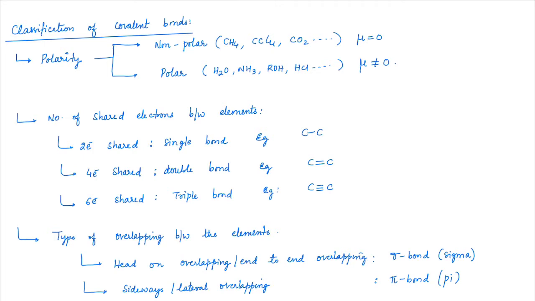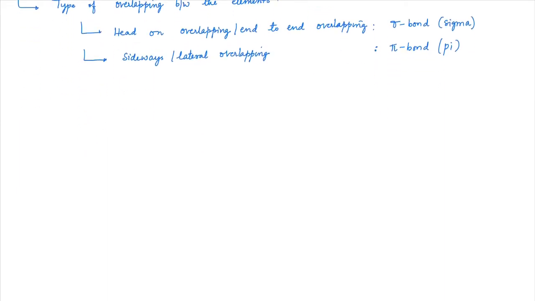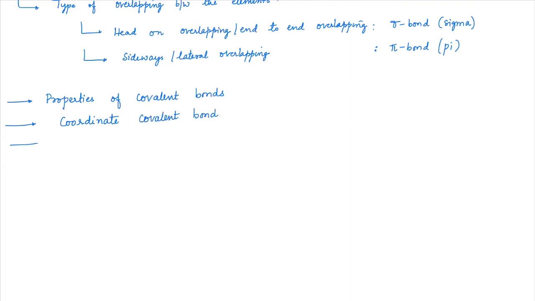Okay, all right, what are the objectives we'll be learning in this? Okay, let me mention few questions. One thing we'll be learning is what are the properties of covalent bonds. This is the first thing we will learn. Okay, what is coordinate covalent bond? We shall learn how are electrons shared between the atoms in a molecule.